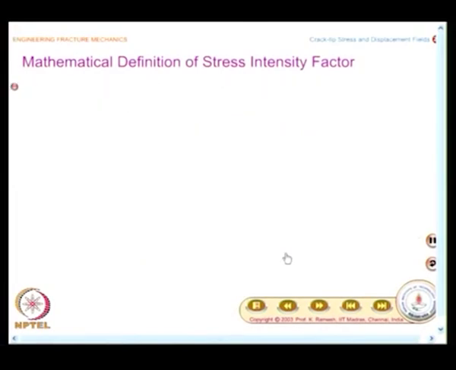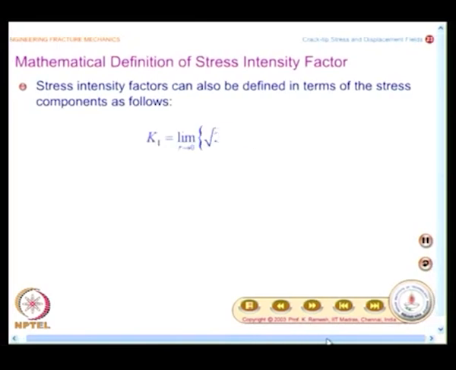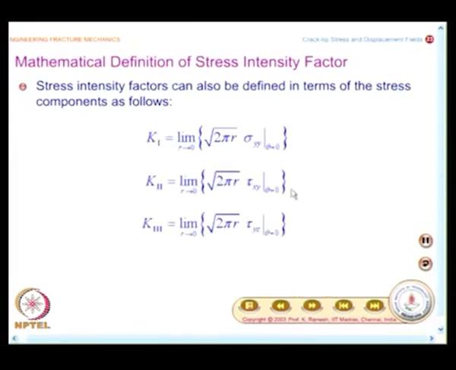Soon we are going to look at the stress field. Based on that, we could also have definitions for the stress intensity factors. For the mode 1 stress intensity factor, you take the expression for sigma yy at theta equal to 0, pre-multiplied by root of 2 pi r, and in the limit r tends to 0, whatever you get is the mode 1 stress intensity factor.